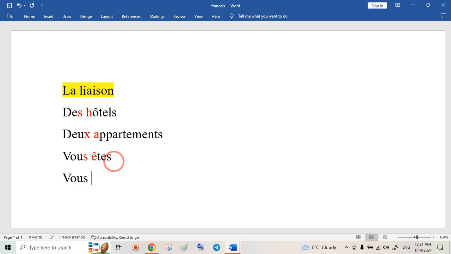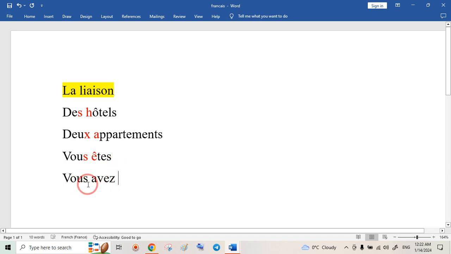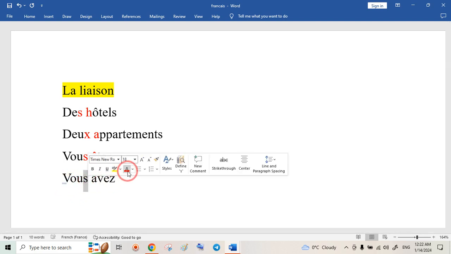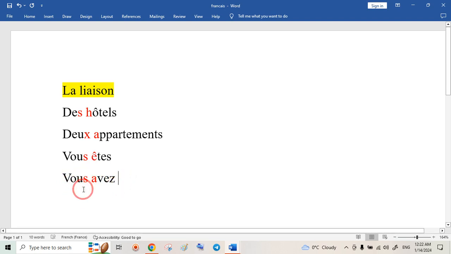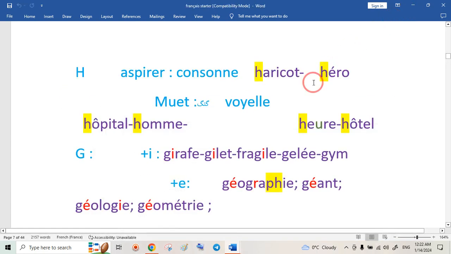Like vous avez, you must say it with the liaison, because this rule exists here between a subject pronoun and the conjugation of a verb. So this is all about liaison, when it is obligatory and when it is not.